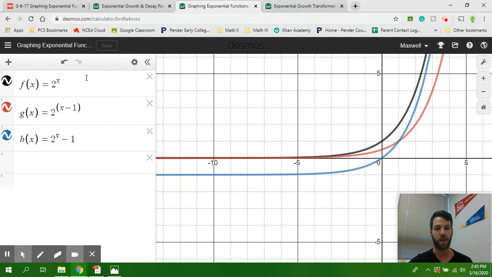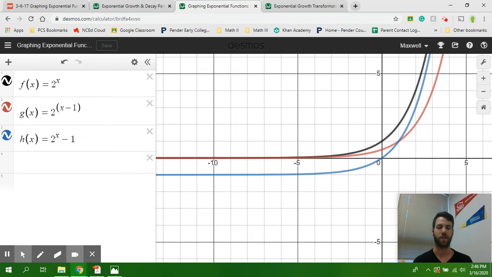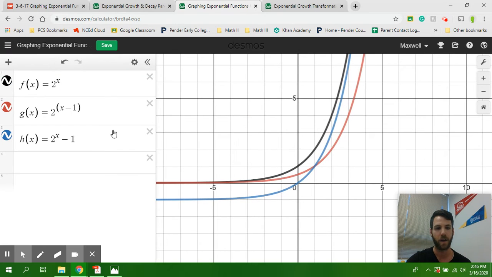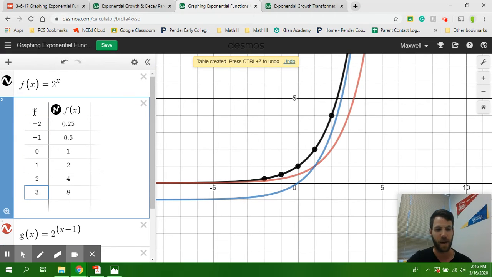And the easiest way to do that is by making these into tables. So we see we have a parent function f of x equals 2 to the x, and that is in black on screen here. So we can hit our settings button and change that to a table, and we can look at what is going to happen to this graph as we go from -2 to 3.